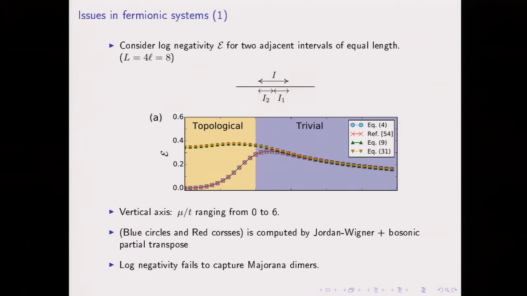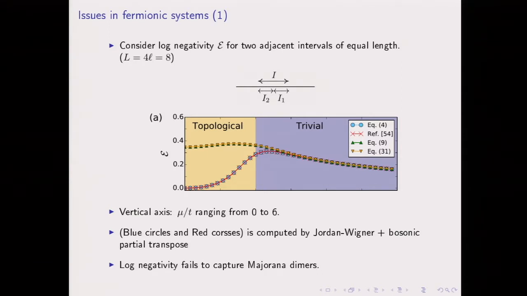That is of course somewhat mysterious if we remember the picture I just showed you: the ground state forms inter-site pairing of Majorana operators, but here negativity somehow fails to capture those correlations. Okay, so that is the first issue I want to point out.